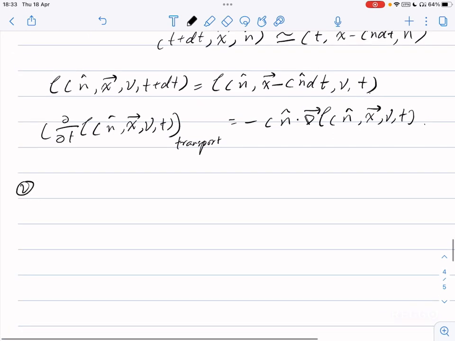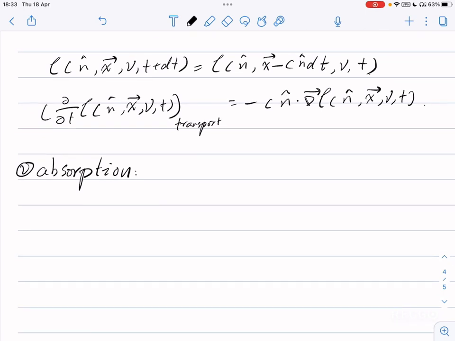The second is the so-called absorption. An absorption process means an incident photon disappears without producing another photon whose direction is correlated to that of the incident one. It's different from the scattering process, which we shall discuss later.